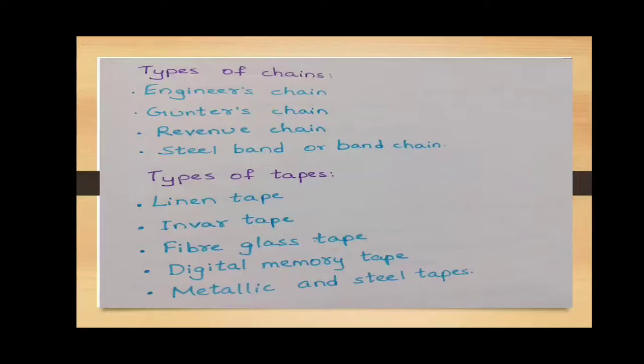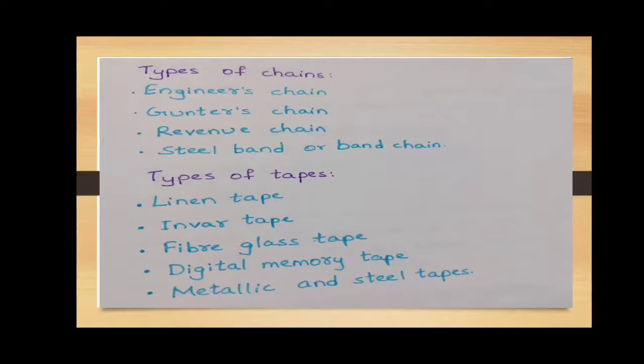Next, fiberglass tape. It is used for measuring short distances. It is made of fiberglass with PVC coating. Generally, its length is practically unaltered. Next, digital memory tape. It is very easy to operate. It calculates, memorizes, measures, and displays the results in digital form.